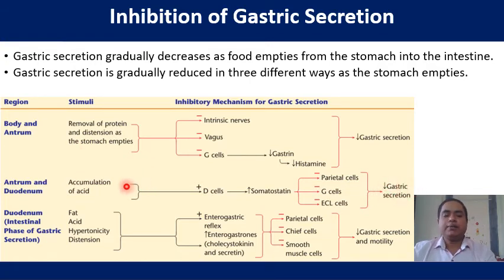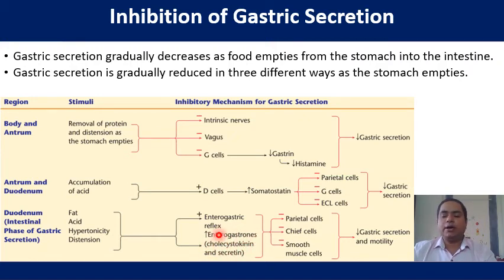The third way for the inhibitory mechanism of gastric secretion is the presence of fat, acid, hypertonicity, and distension in the duodenum, which is also called the intestinal phase of gastric secretion. So in the duodenum, when fat, acid, hypertonicity, and distension are present, it stimulates the enterogastric reflexes, and by this stimulation, the enterogastrones, that is cholecystokinin and secretin, are enhanced.